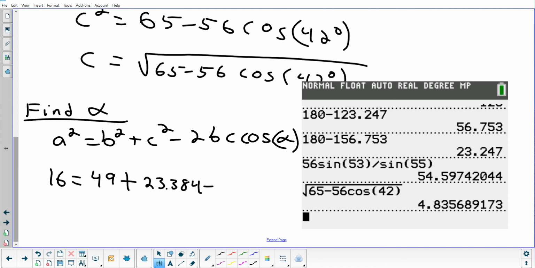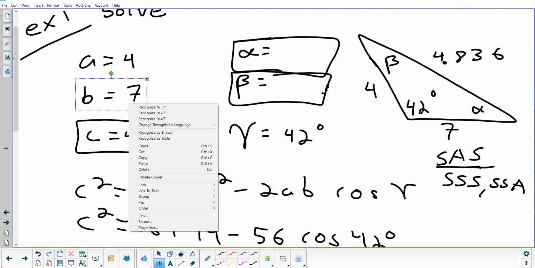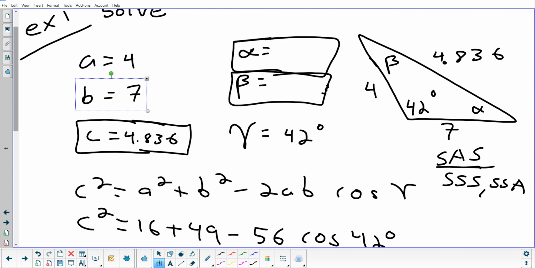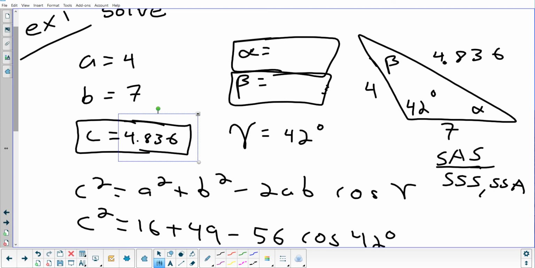Now the next thing I'm going to need help with is 2 times B times C. Well, I know 2 times B is 14. I need 14 times 4.836. What's 14 times 4.836? 68.082.